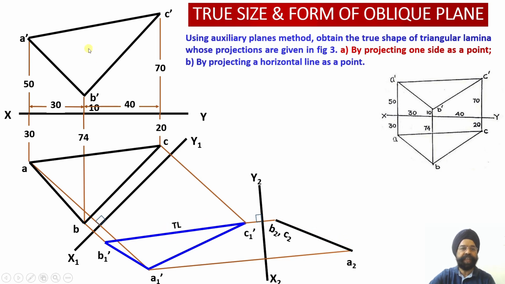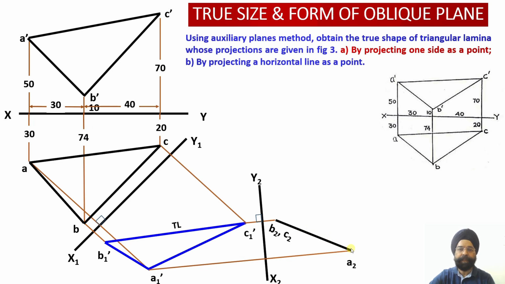You may have 3 edges over here, 4 edges, 20 edges, 1 lakh edges, or an infinite number of edges. So the solution is, you obtain the true length of one of the edges, go perpendicular to it, and whichever view is obtained next, that view will give you the edge view of the lamina.